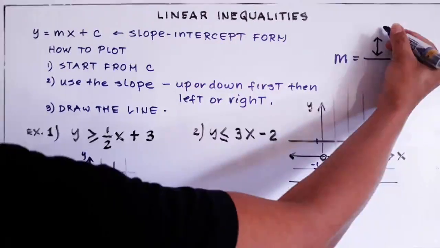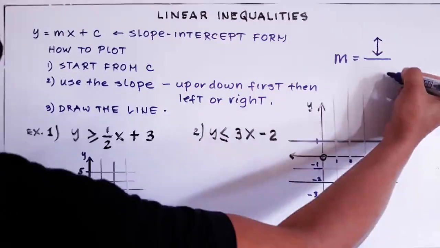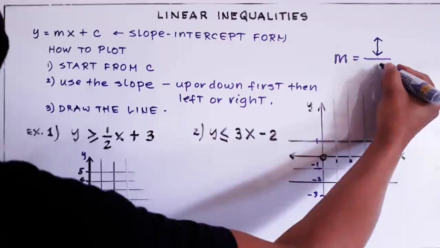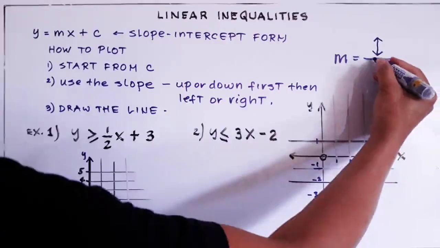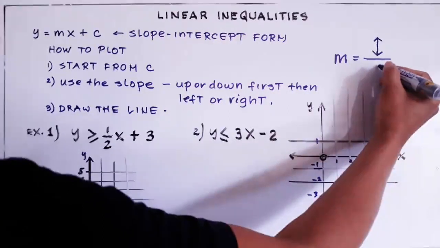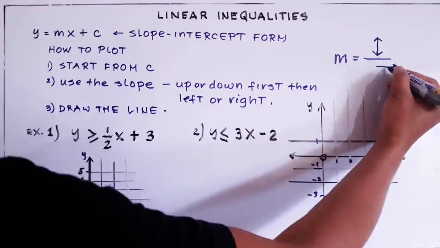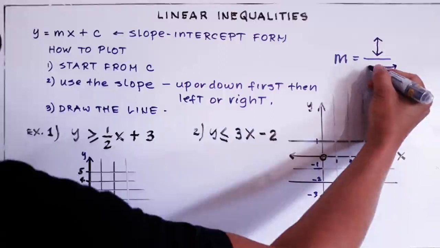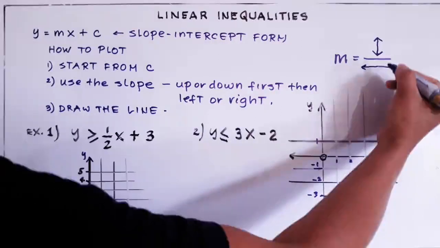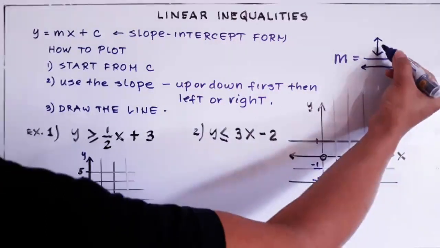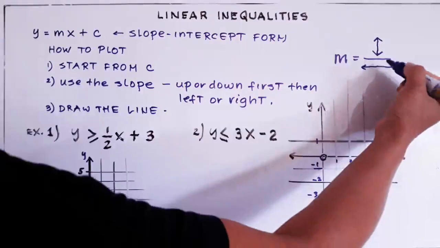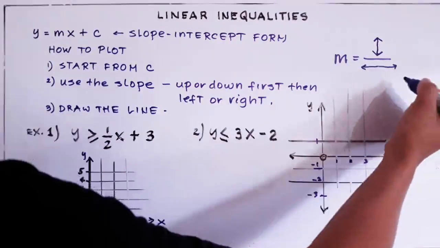And from there, you use this number below, the fractional bar. If that is positive, you go to the right and stop there. Or if that is negative, you go to the left. But you must start always with the up and down, and then the next one is left or right.